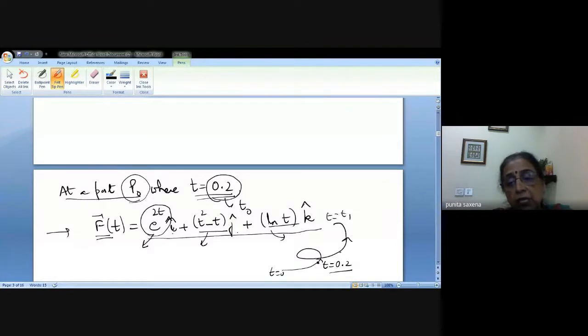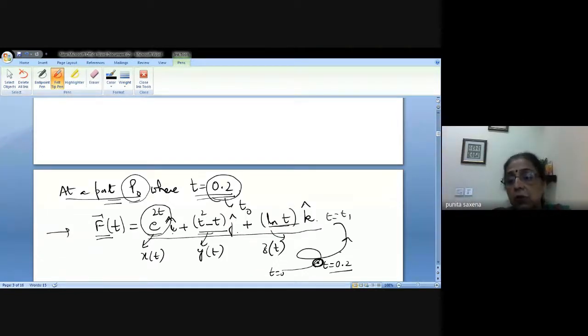So that means at one specific time t, if I am interested in a point, then these components are going to give me the position vector, right? That means in a way, this is your x(t), this is y(t), this is your z(t). This is how your particle is moving, and your equation of motion is being governed.